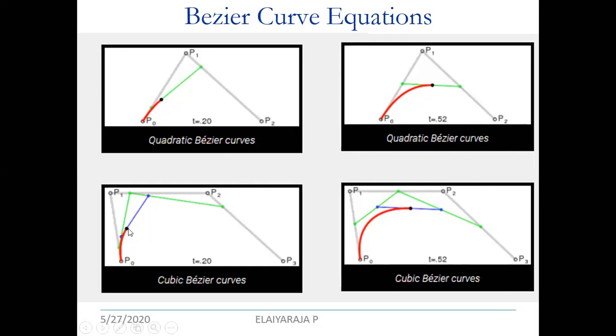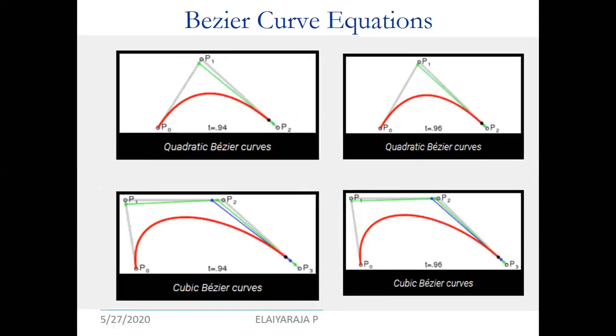So here, and t equal to 0.5 it is here, and when t equal to 1, it reaches here, right? And the quadratic, when it is 0.94 it is here, and 0.96 it is here, then u equal to 1, it reaches here. Okay, similarly 0.94 the cubic is here, 0.96 the cubic is here. When it reaches t equal to 1, the point is here.